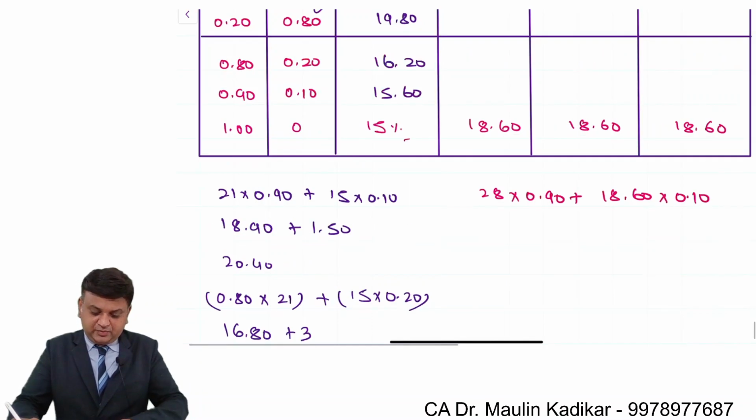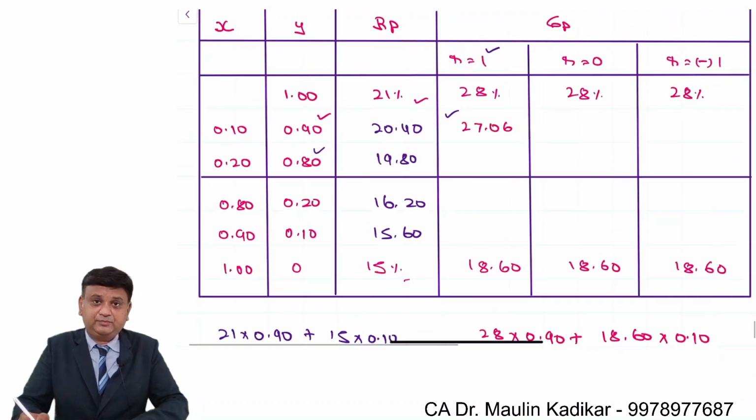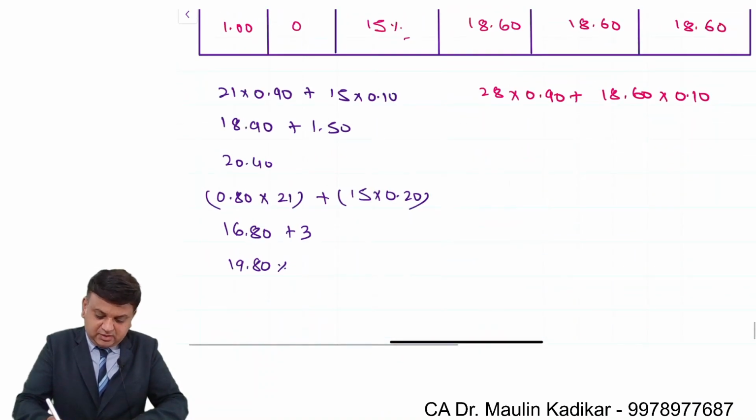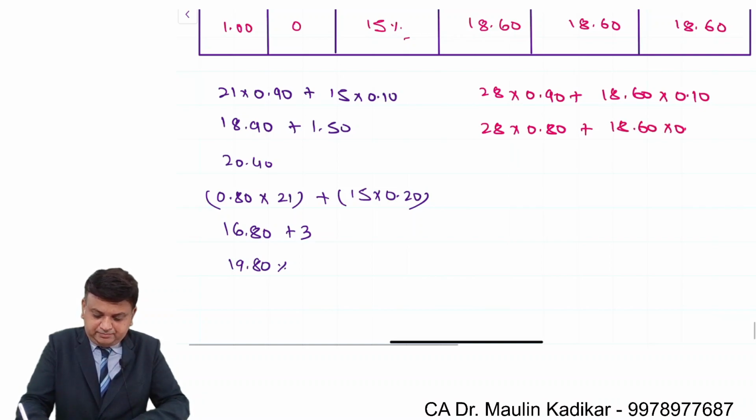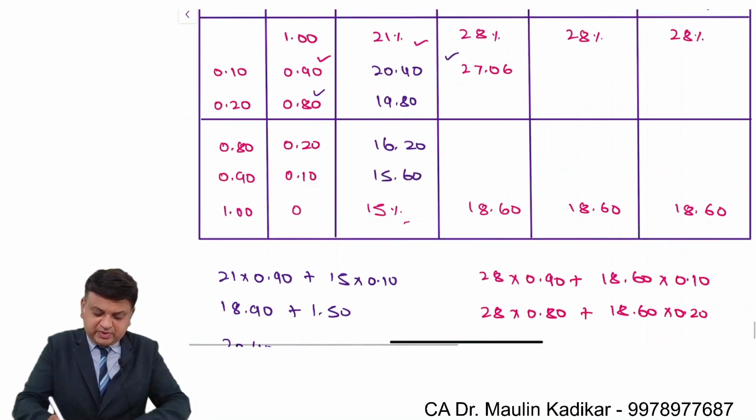The total risk of the portfolio will be 27.06. Next, 28 into 0.8 plus 18.6 into 0.2 is 26.12.